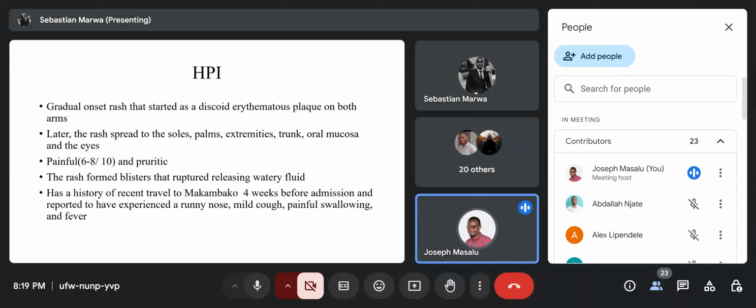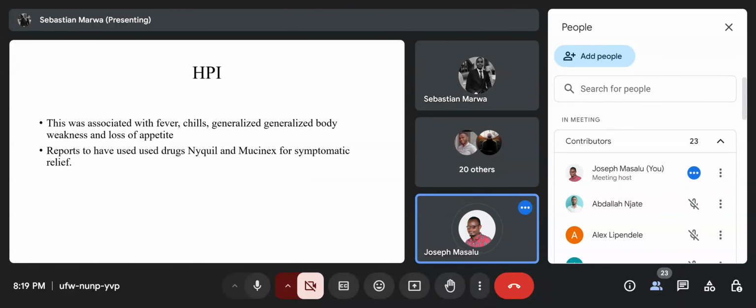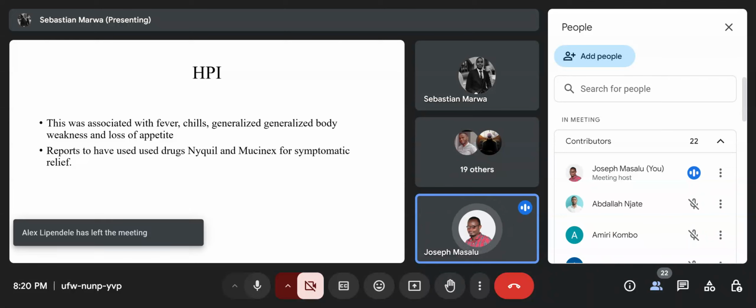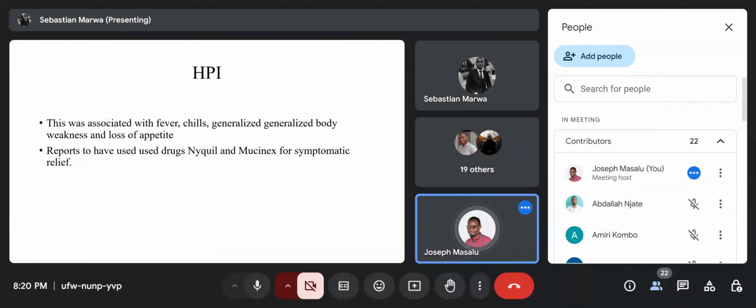So when you hear a generalized rash like this, there is a lot of differential diagnosis. You should be able to pinpoint some very specific pointers that can direct you to one diagnosis vis-a-vis the other. And I've seen two things in this rash.